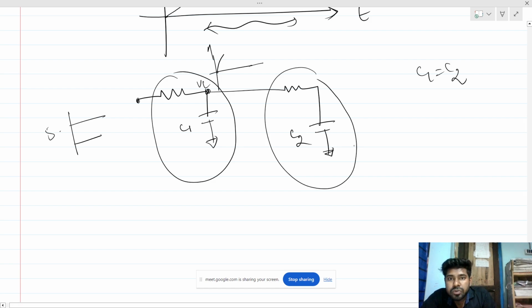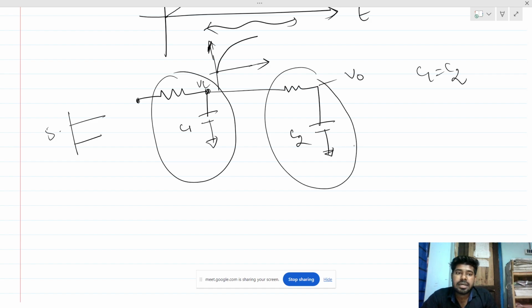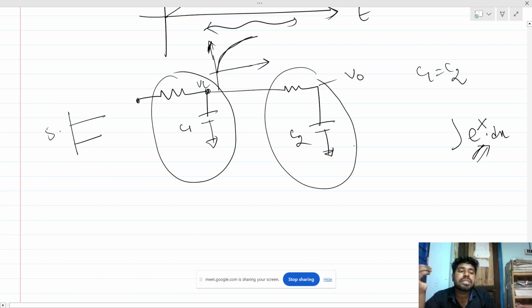We all know that. So this output is exponential, and we are integrating it. So it will be almost exponential, but with a delay, right?